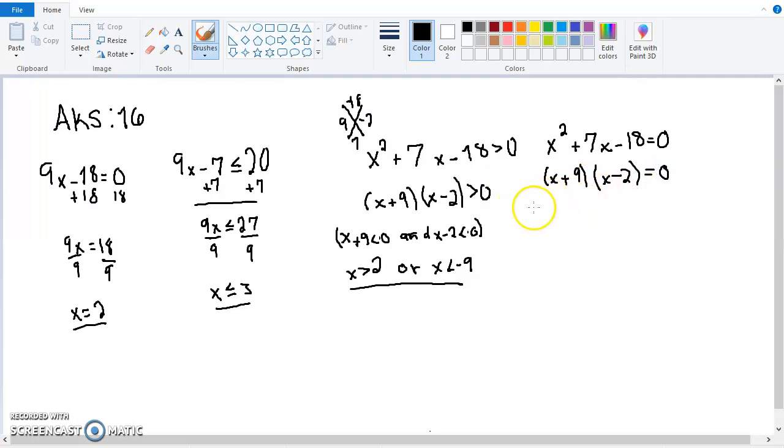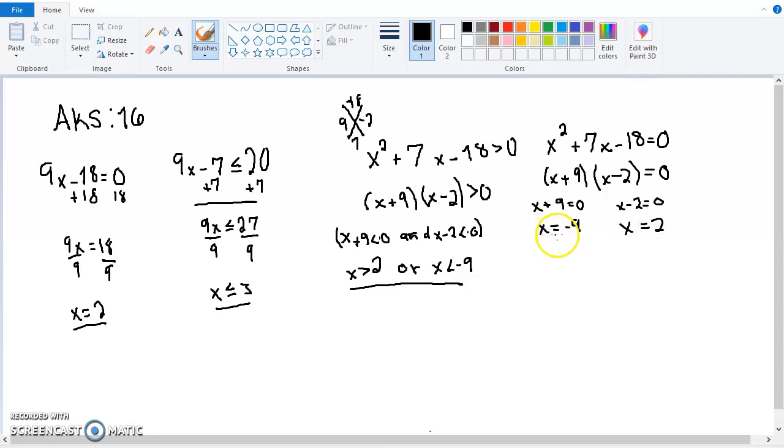You set them equal to 0 separately, so x plus 9 equals 0 leaves you with x equals negative 9, and x minus 2 equals 0 leaves you with x equals 2.